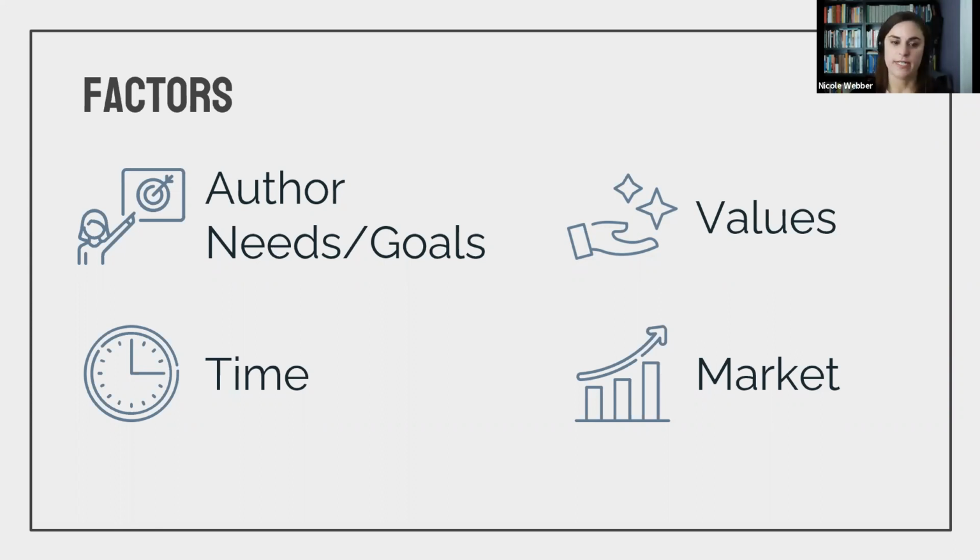And then these other three, time, values, and market, there's kind of the author side and the publisher side. So when it comes to time, we're thinking more about how things can change over time. So journal quality and practices can certainly change over time and are not necessarily going to be always really great or always really problematic. And that's one of the problems that we've had with predatory labeling, is that it doesn't allow for those changes.